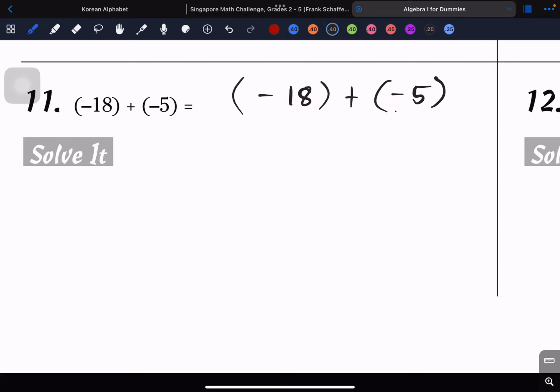So, kung parehas sila ng negative numbers, automatic, ang final answer mo ay negative. And then, get the absolute value of these two. Absolute value of negative 18 ay 18. Absolute value ng negative 5 ay 5.